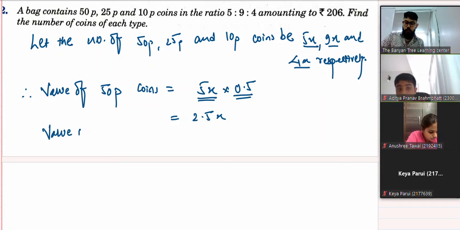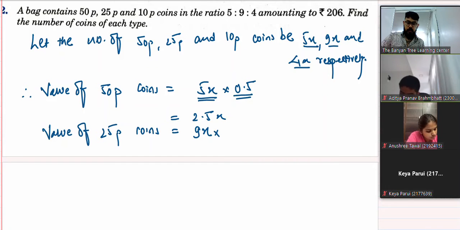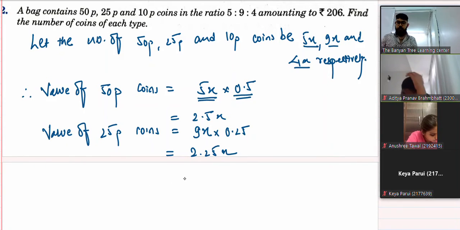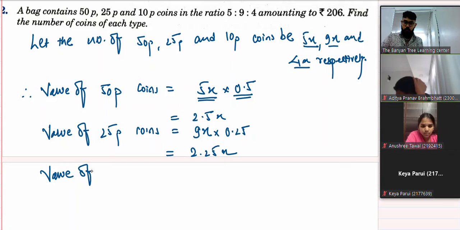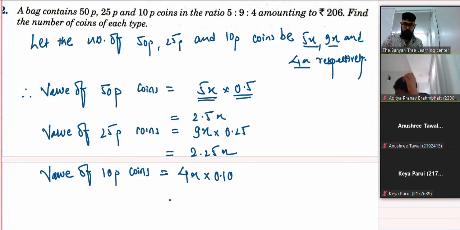Then comes the value of 25 paisa coins, which is 9x into 0.25, which is 2.25x. And the last one is the value of 10 paisa coins, which is 4x into 0.10, which is 0.4x.